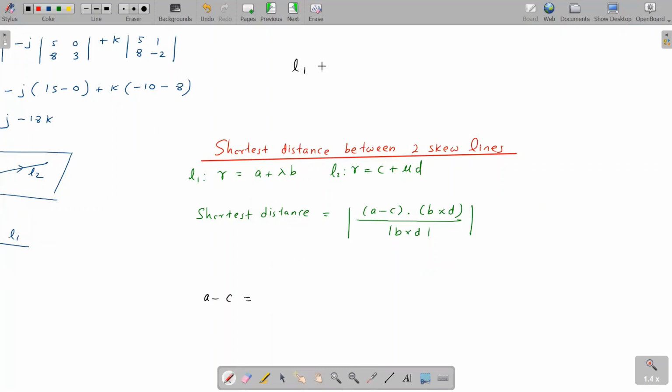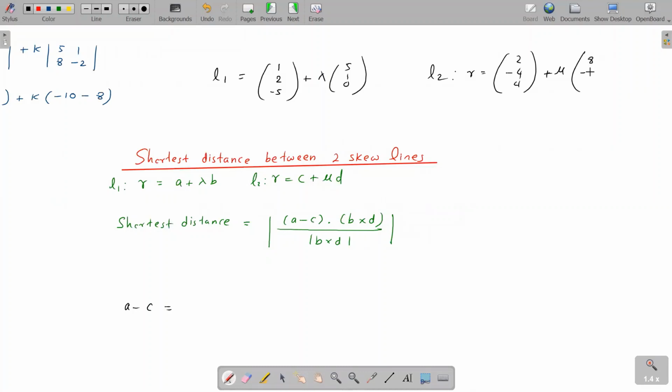Line 1 equation is (1, 2, minus 5) plus lambda times (5, 1, 0). And then line 2 is (2, minus 4, 4) plus mu times (8, minus 2, 3). Okay, so then we can see our a, b, c, d values. This is a, this is b, this is c, this is d.